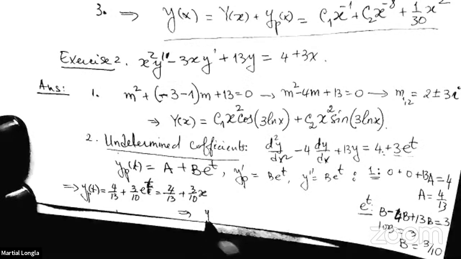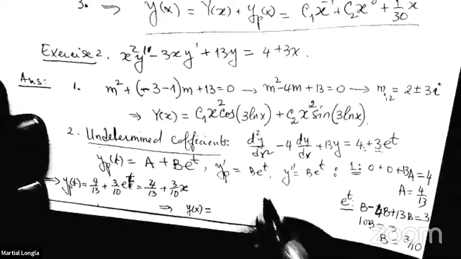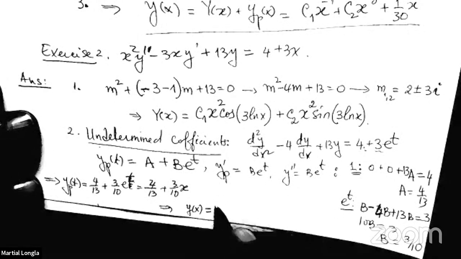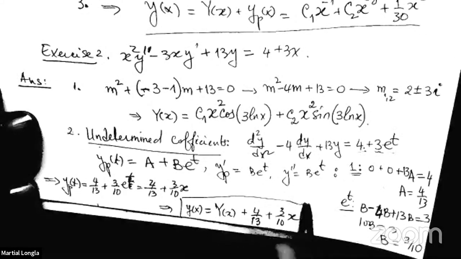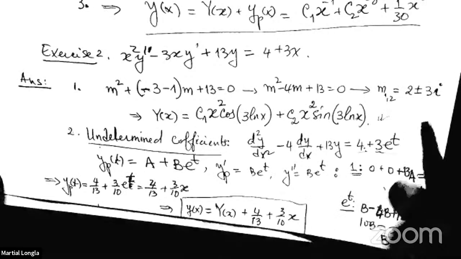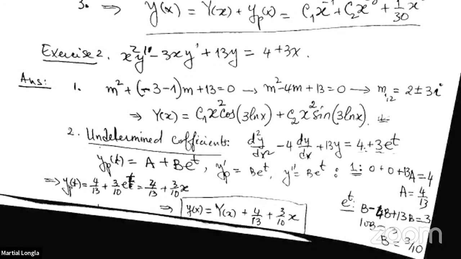Therefore, your y of x is capital Y of x plus 4/13 plus 3/10 x, where your capital Y of x is given right here. Questions? Life is beautiful, right?